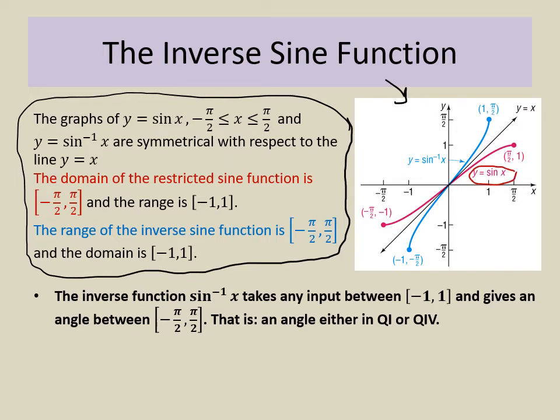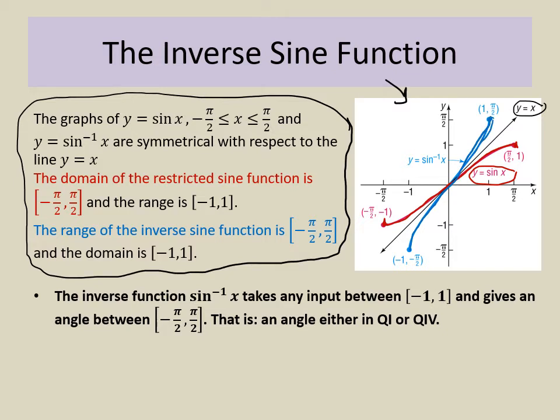This is the restricted sine function. We cut it off here at negative pi over 2, and then it just went to positive pi over 2. And then if we want to graph the inverse sine function, we can graph the line of symmetry, y equals x, and then this here is what the inverse sine function looks like.